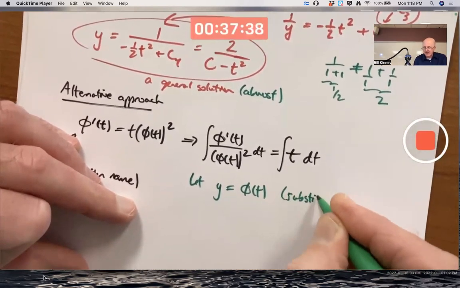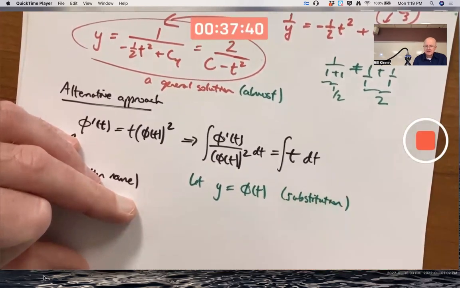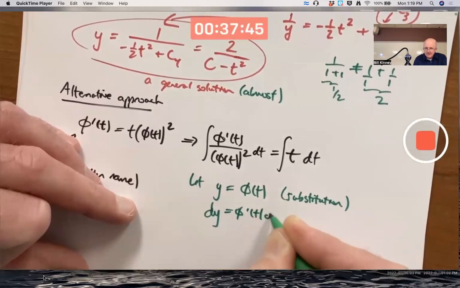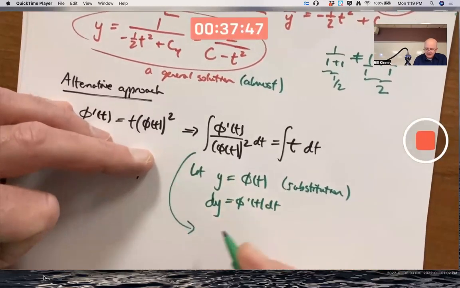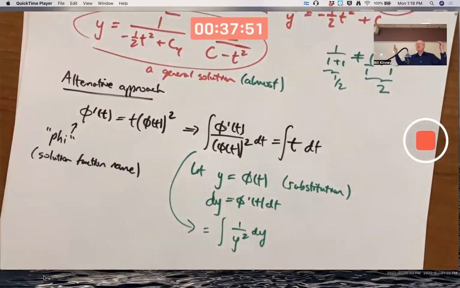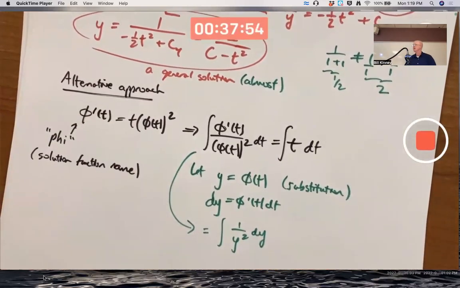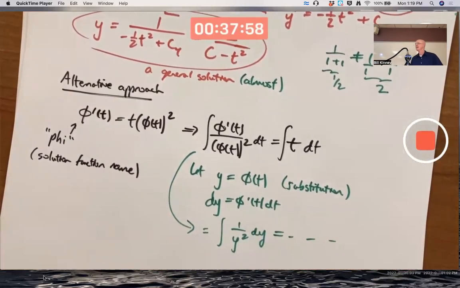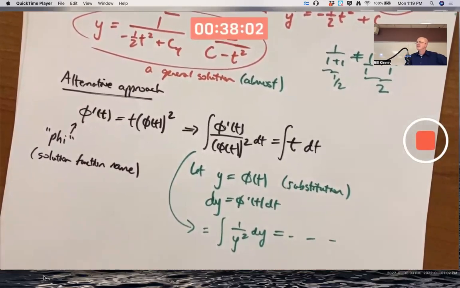For the integral on the left, which looks hard to do, if you do that substitution, then dy is phi prime of t dt. And that integral becomes the integral of 1 over y squared dy, the exact same thing we got with the separation of variables. And it would lead to the exact same answer.